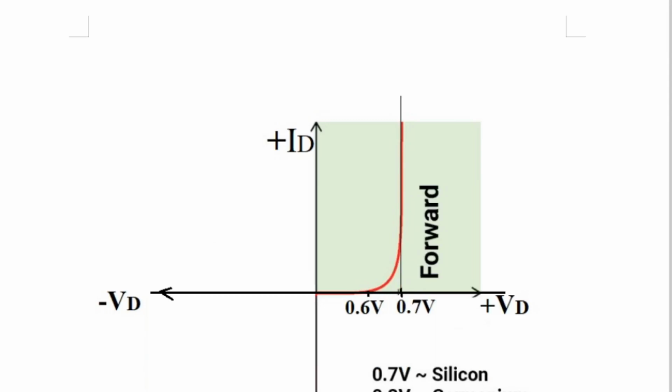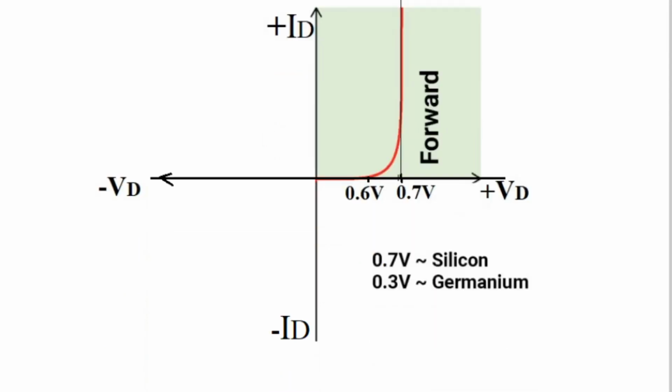Let us look at the diagram and you will understand very clearly that on the x-axis we are applying voltage in the positive direction, that is plus Vd. When we plot the graph, we are plotting current flowing through the diode versus voltage across the diode.